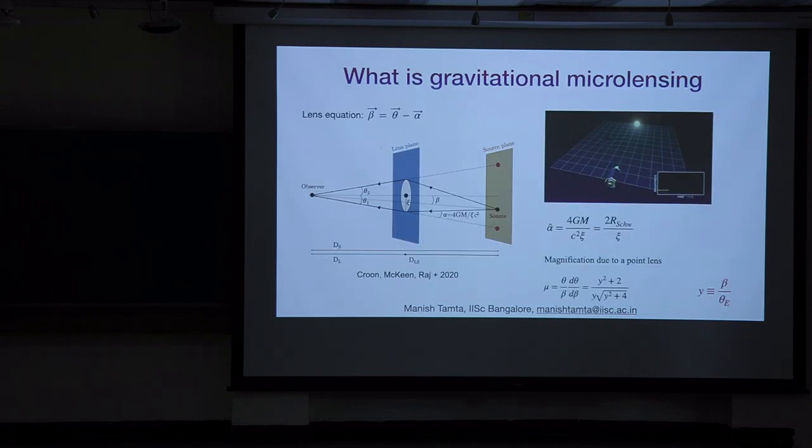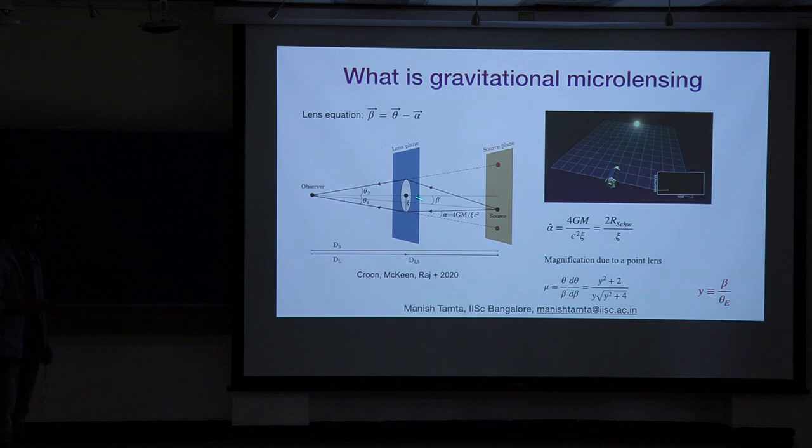What I mean by gravitational microlensing is that this cartoon figure simplifies it. If there is a photon source, and photons are coming out of this source, and here happens to be a gravitating body. From Einstein's theory of general relativity, we know that a gravitating mass bends light, the photons get deflected, and it produces multiple images.